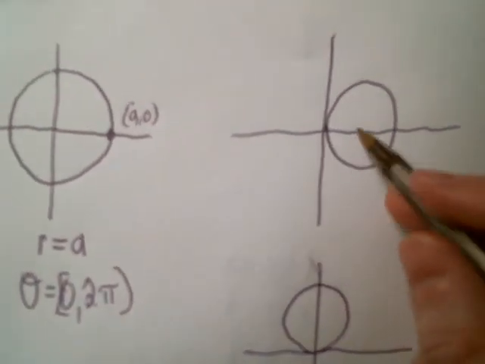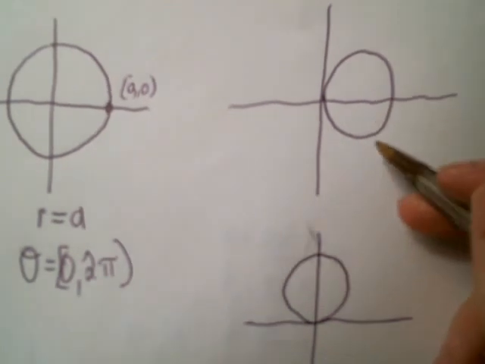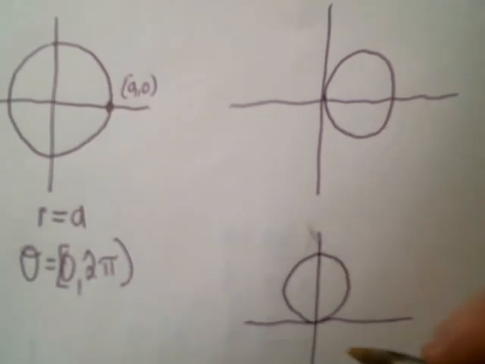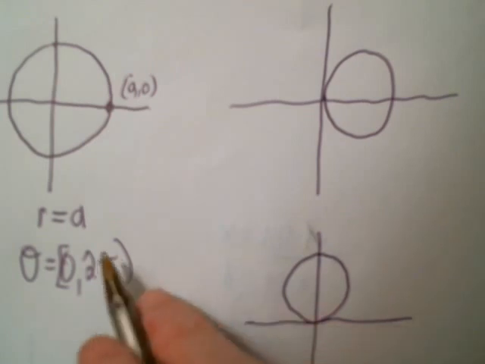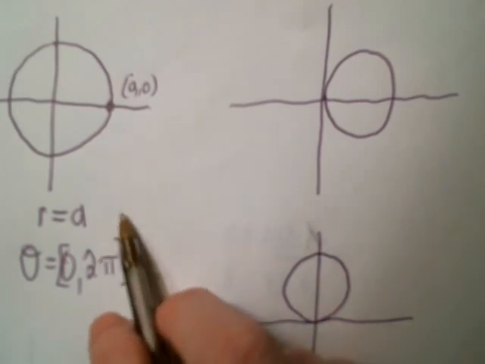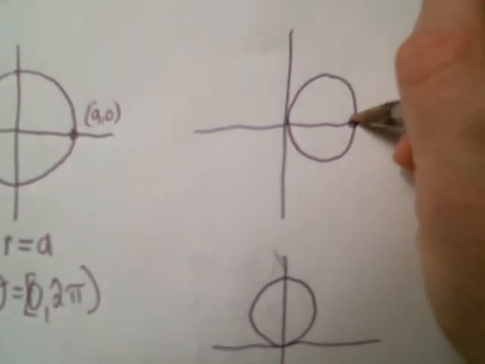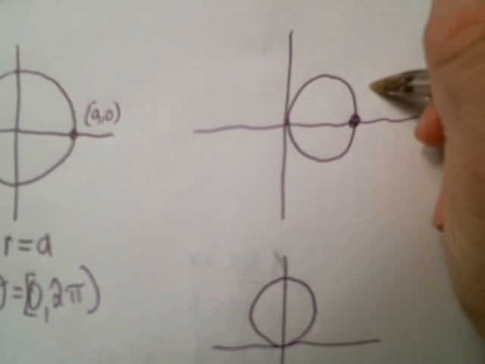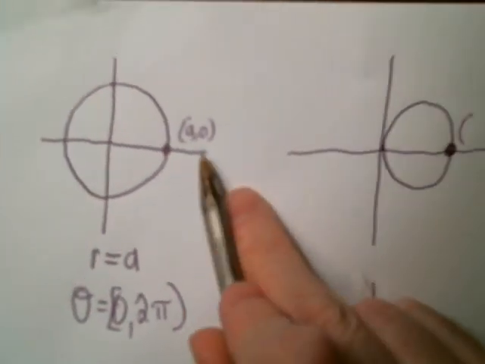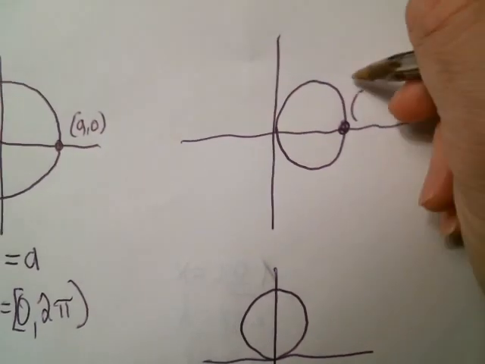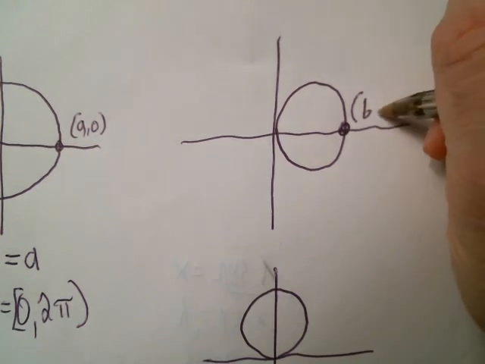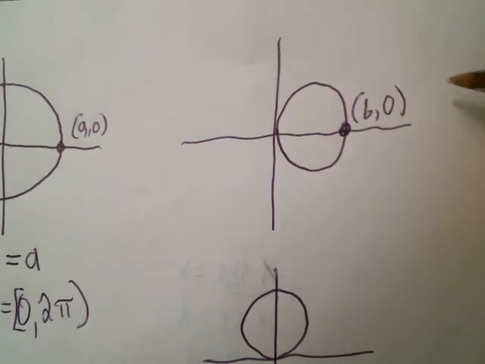The formulas for these are either r equals a sine theta or r equals a cosine theta. It's really 2a if you think of a as a radius value. But I'll put it in terms of this coordinate here, and instead of a, because I'm using a over here, let's use b. So this is at b comma 0.